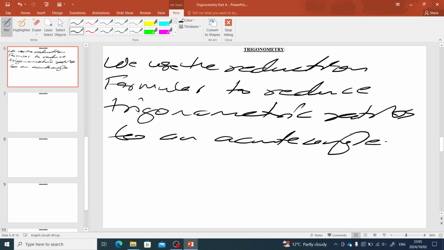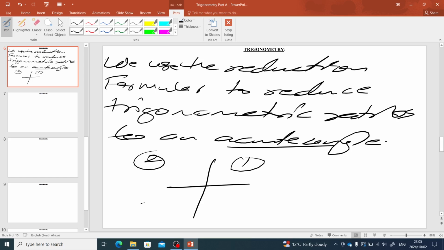The quadrant determines whether it is positive or negative as indicated. The quadrants indicate for us if that acute angle is positive or negative. That's all the quadrants will indicate for us: first quadrant, second quadrant, third quadrant, and the fourth quadrant.